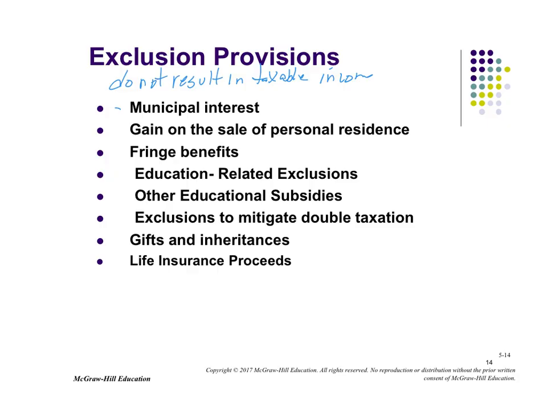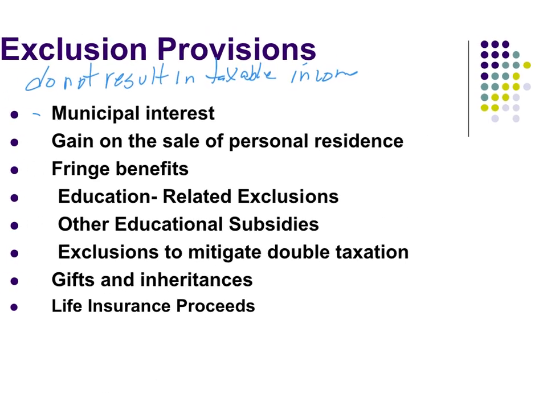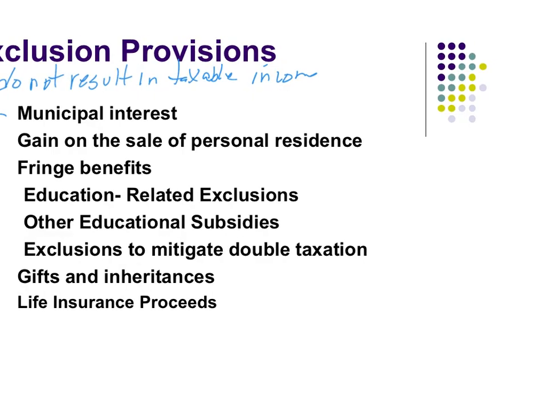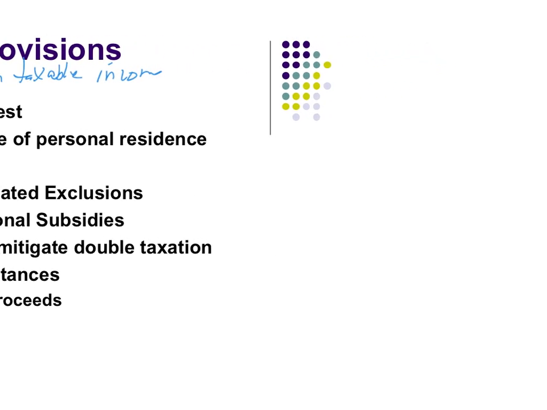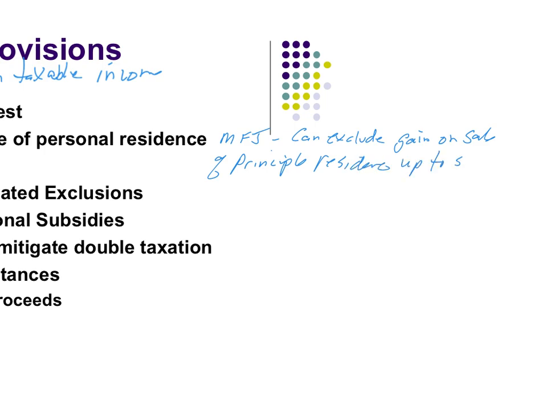Okay, gain on the sale of a personal residence. Okay, and there are some specifics in the book about this. I'm going to slide over and write a couple of things. So for married filing jointly, you can exclude gain on sale of your principal residence up to $500,000.